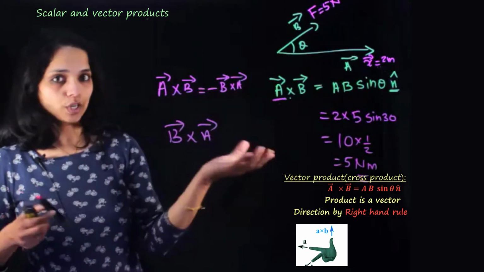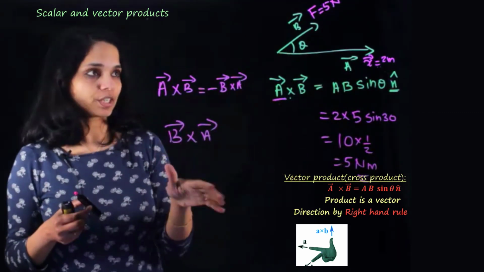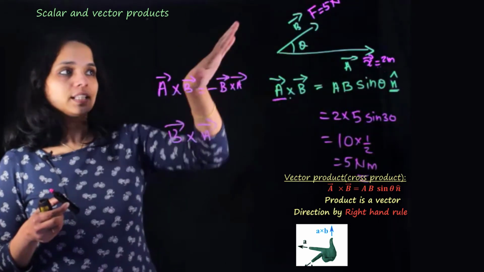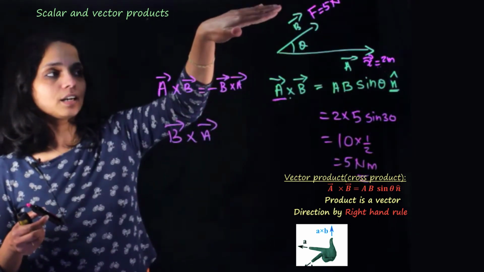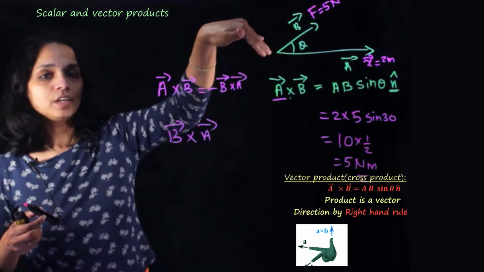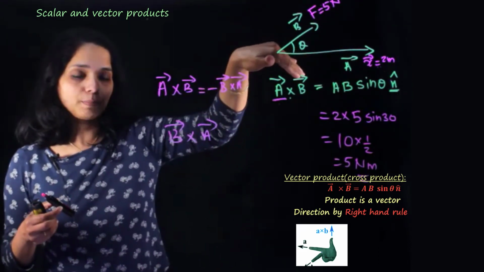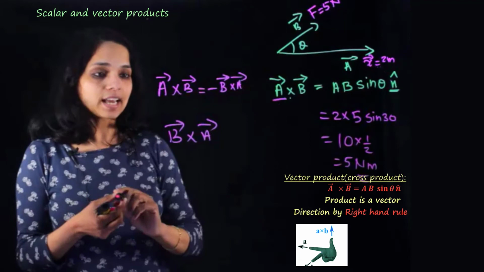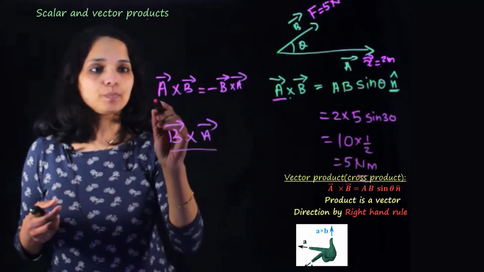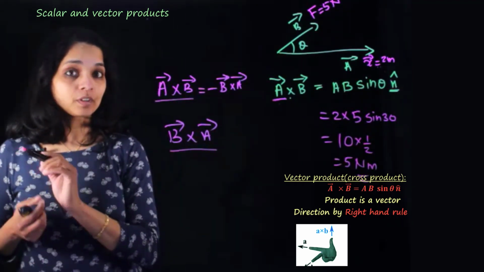It doesn't matter which order you multiply, but for the direction, you should place your fingers in the direction of B and then curl your fingers into A. So the thumb is pointing in the opposite direction, that's into the page. So the direction of B cross A is opposite to that of A cross B, so it's a negative of that one.